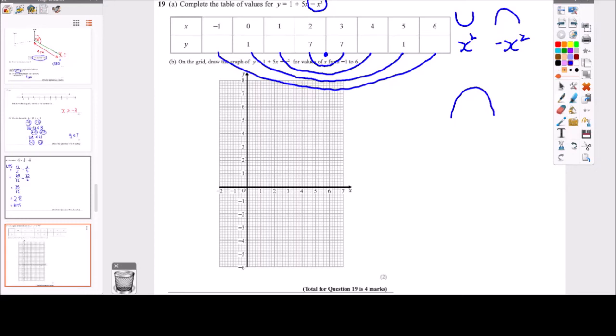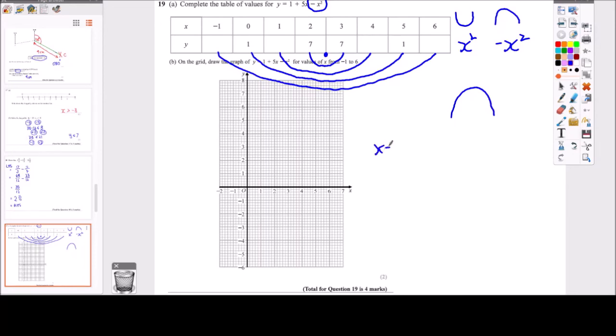I can go and work out the value for 4, and that will be the same value of y for 1. Similarly, when x is 6 will give me the same value for y as when x is minus 1. Okay, so let's just go and work it out for when x is 4.